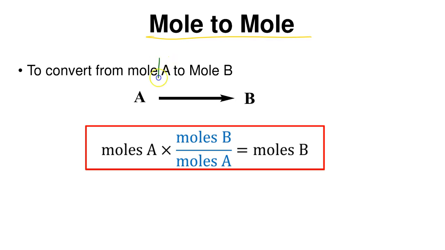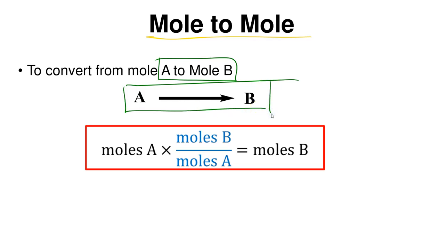Assume this is our hypothetical equation, and I want to convert from moles of A to moles of B. Let's assume this is 1 mole of A and this is 1 mole of B. Moles of A is what you are starting with, the given quantity, what you were given. And you are looking for the moles of B.